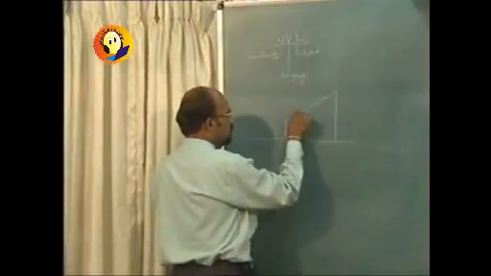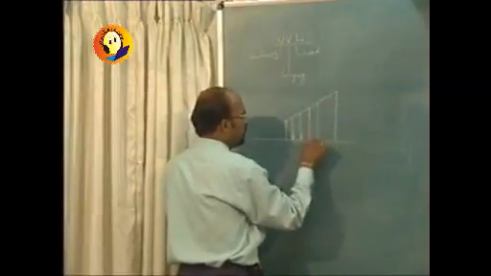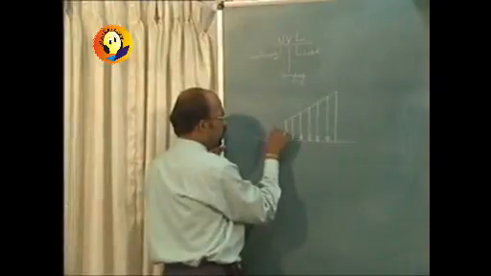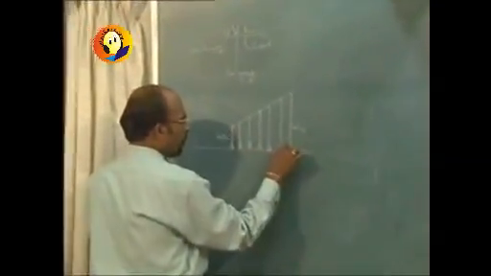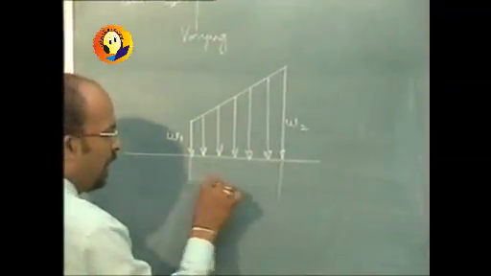So this is also a uniformly varying load. Only thing is, none of the end is having a zero load. Say this load is W1, this load is W2. So it varies from W1 to W2 along this length L.